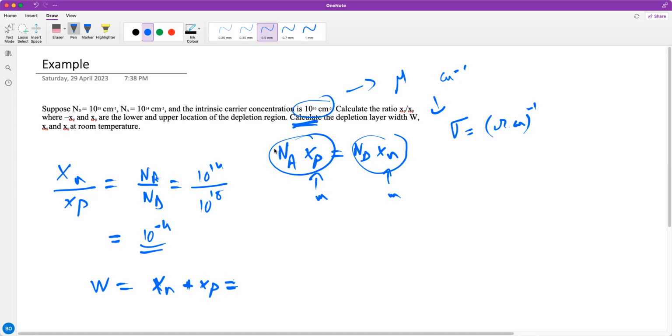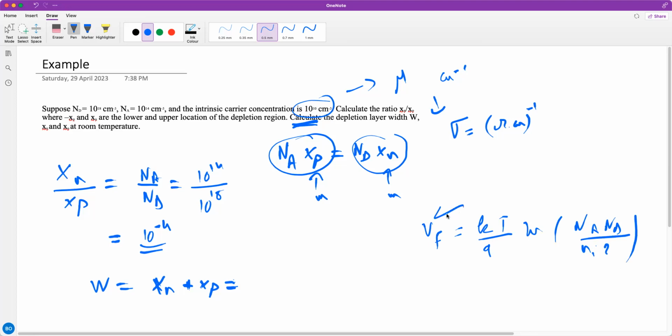Obviously, don't forget that you have also the electric field at the origin and other parameters in the built-in potential, etc. Remember, the built-in potential depends exclusively on the doping concentrations.